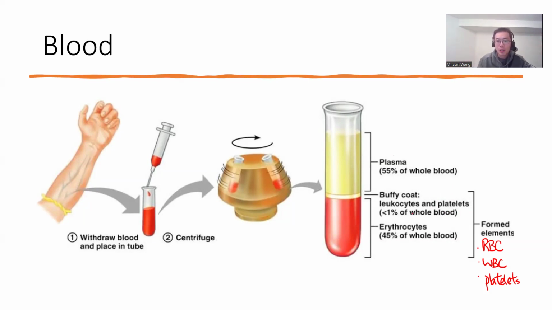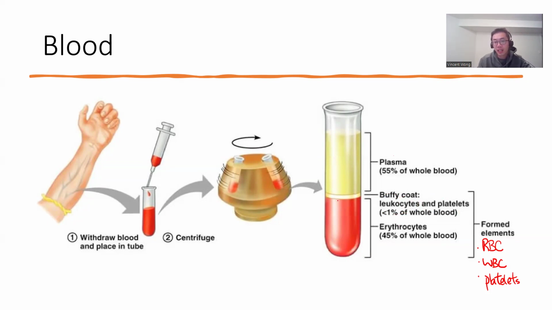Red cells are the majority of your blood cells. They make up the bulk of your formed elements, and you don't have a lot of white cells or platelets. They only make up less than 1% of your whole blood.